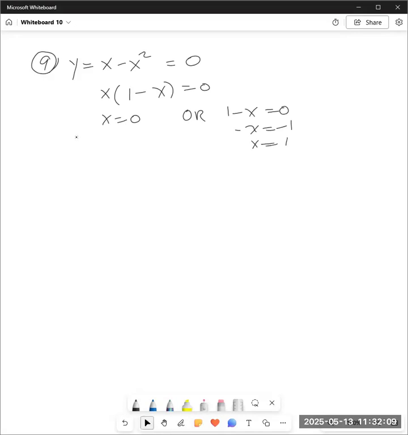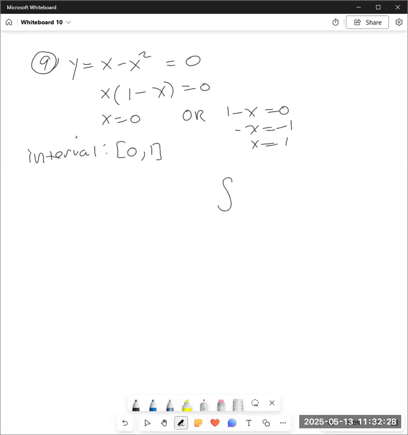So those are my boundaries from 0 to 1. So my interval that I'm interested in here is 0 to 1.